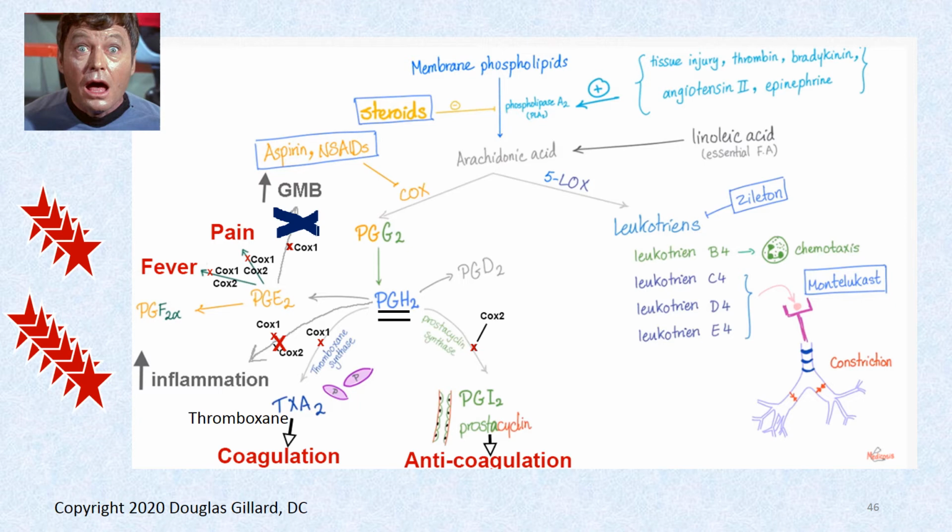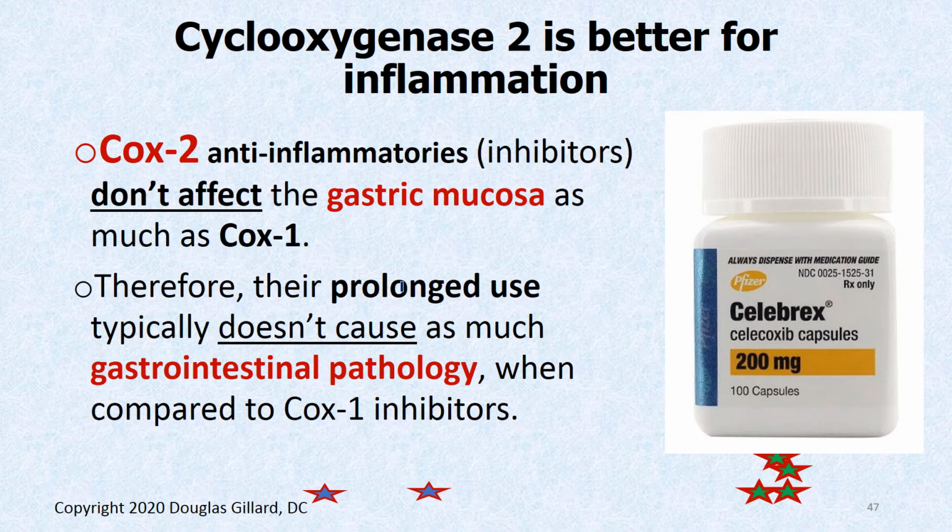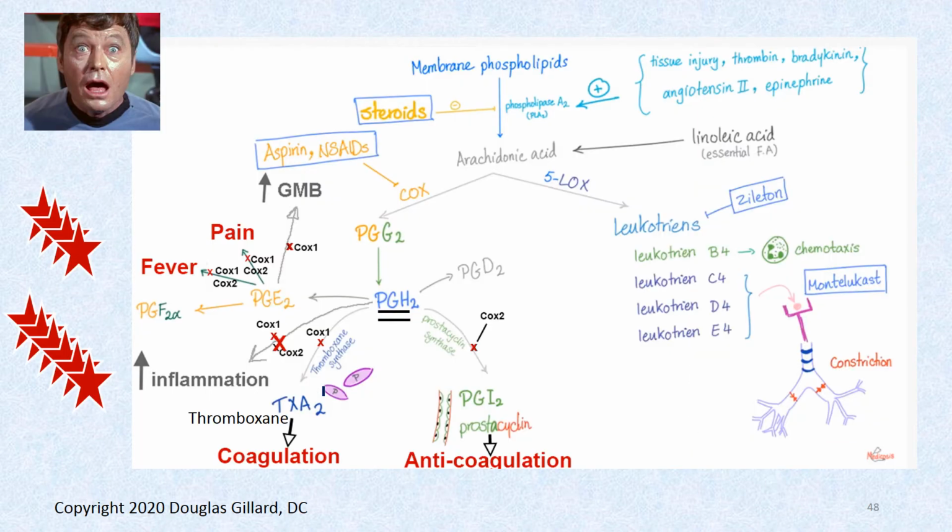Okay, let's see. I've already talked about everything else. Cyclooxygenase 2 is better for inflammation, in the sense that you won't hurt your stomach. So Cox-2 doesn't affect the gastric mucosa as much as Cox-1. But there is some risk to taking them long-term, because they can affect the stomach.